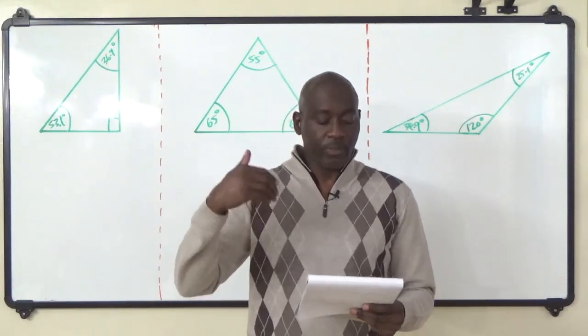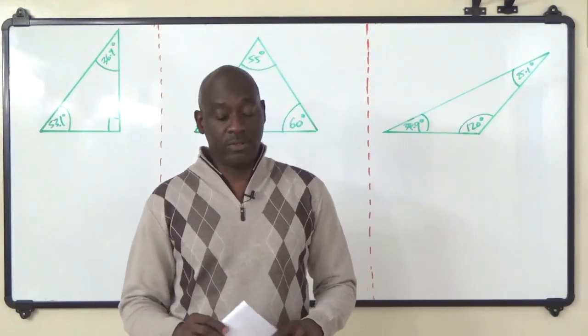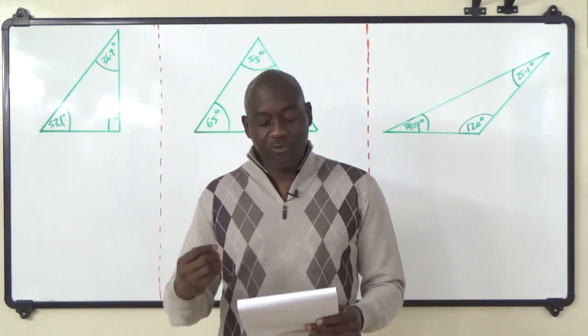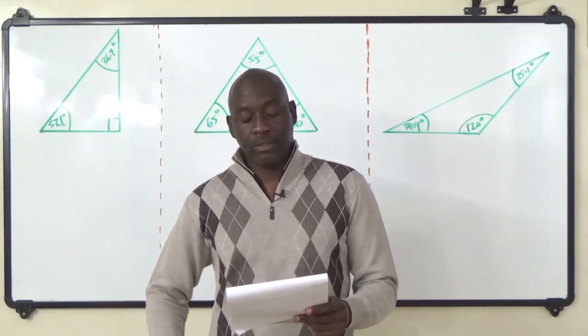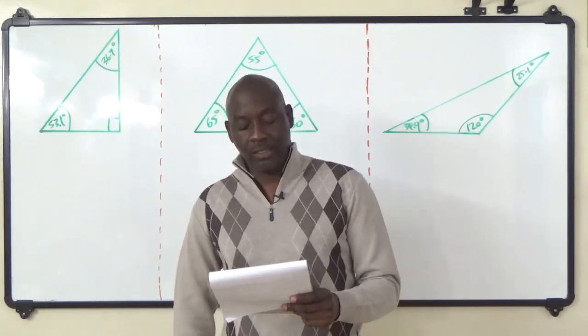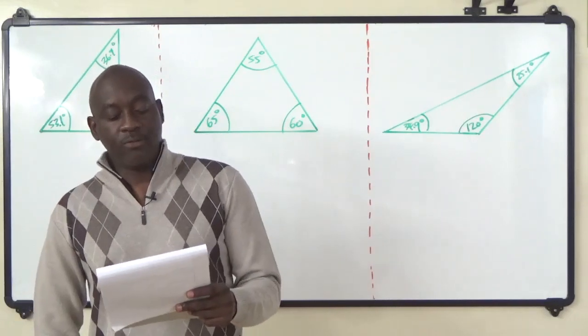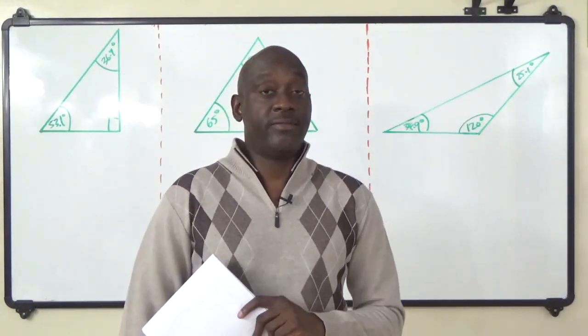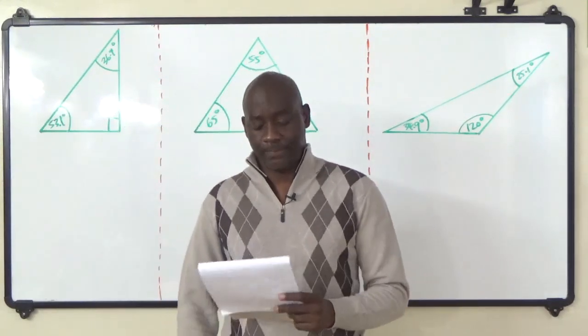So the law of sines, commonly known as the sine rule, says that the ratio of the length of a side of a triangle to the sine of the angle opposite that side is the same for all sides and angles in a given triangle. Let me read that again, slower this time.